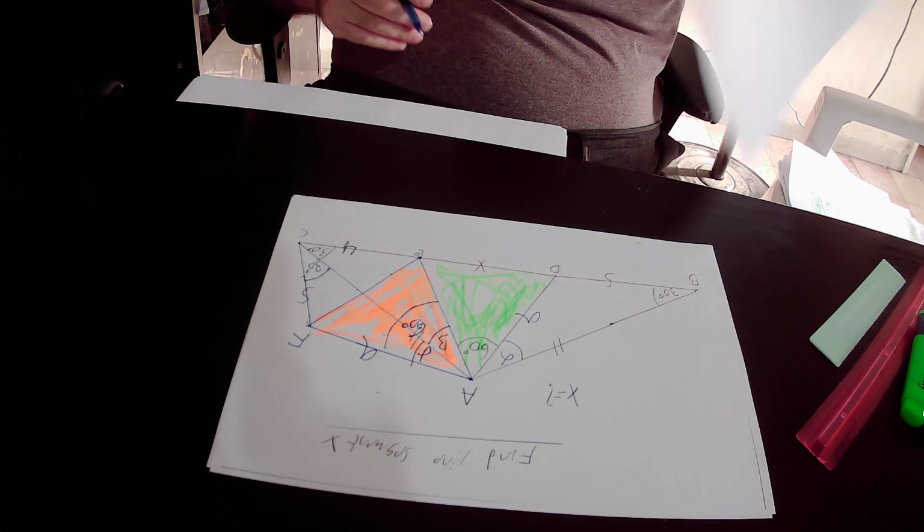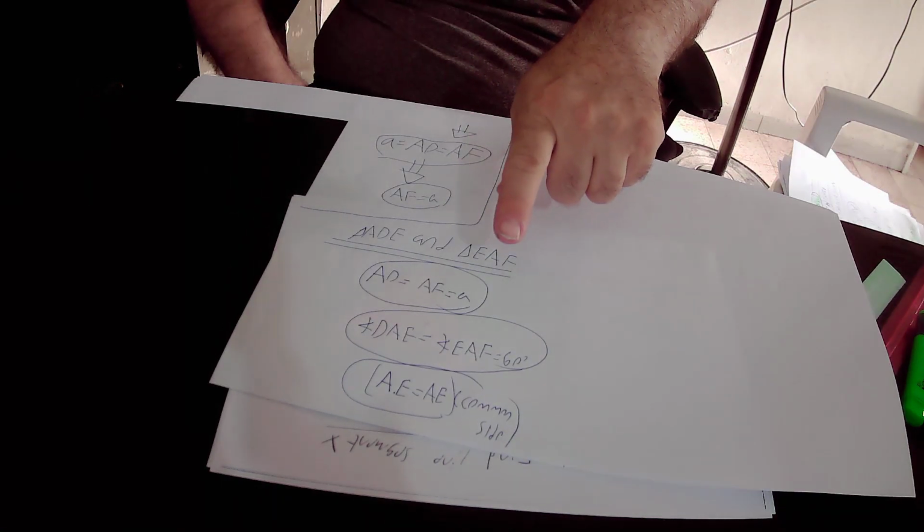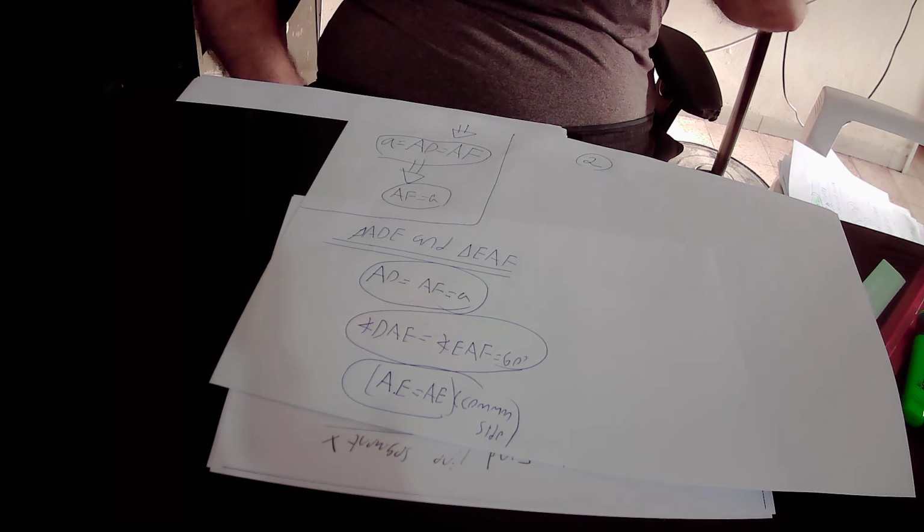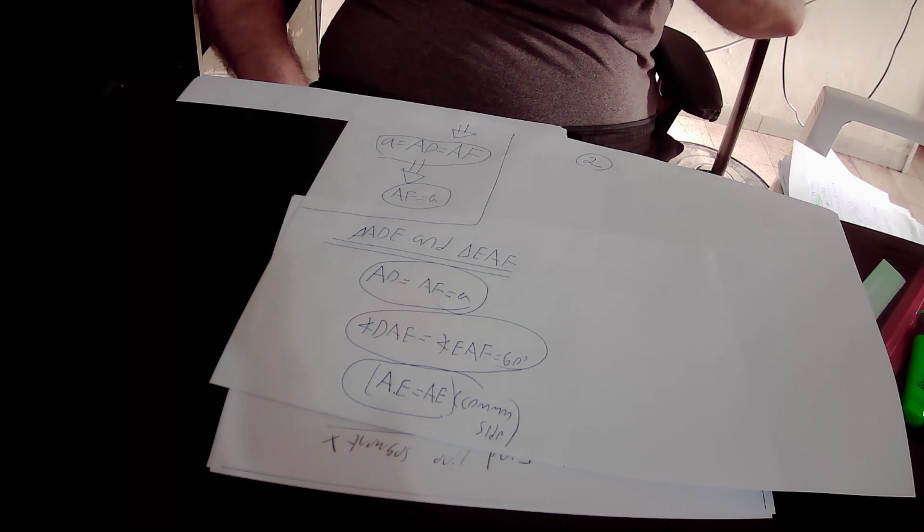I'll repeat again. Side AE equals side AE. It is a common side that belongs to both triangles.